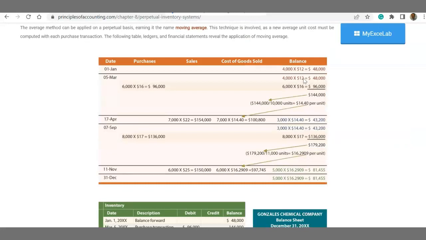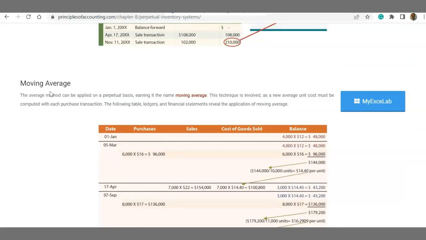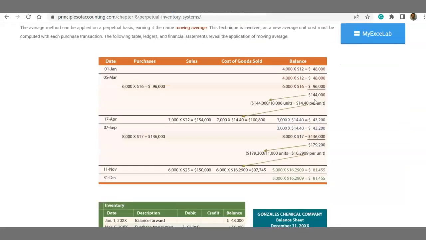So for FIFO here, with my moving average, you have one layer from the beginning, but you just purchased another new layer in March. Immediately in this situation, the computer will calculate the average for you. It says, okay, you have 48,000 plus 96,000, that's 144,000 divided by 10,000 units.